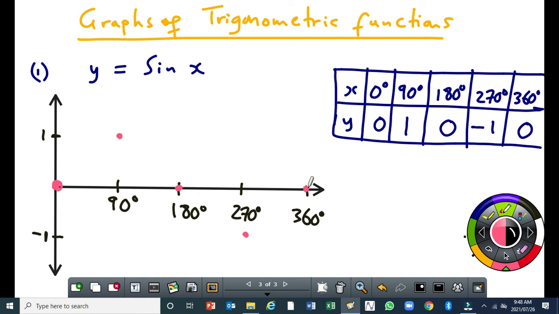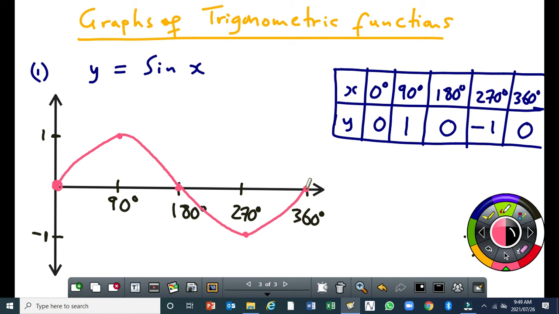Now, the graph of y equal to sine theta is not a straight line, it's a curve. Actually, it's called a sine curve. Have you done waves yet in physics? You're going to do waves later. So when you sketch, use freehand. So that's the graph of y equal to sine x.